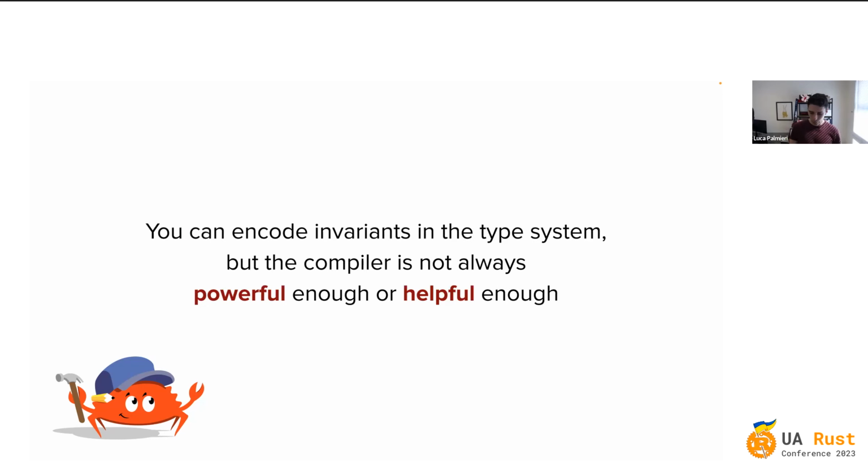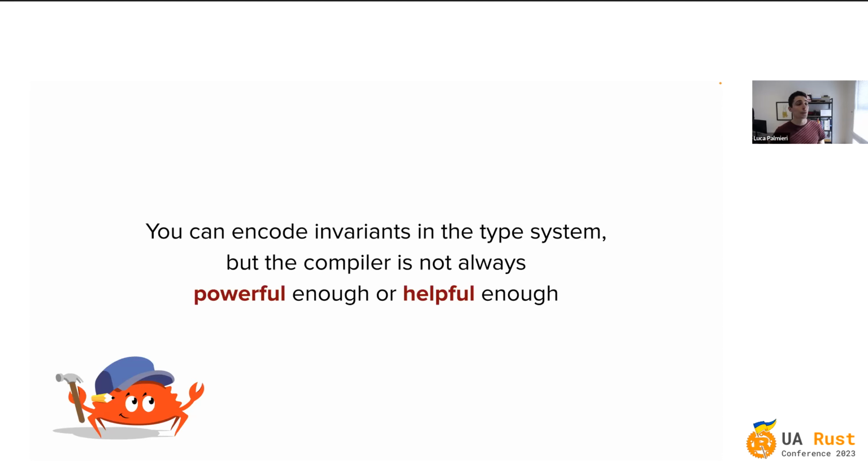And one common technique that you can use in the Rust ecosystem is to encode the constraints that you want to be true inside the type system. This is also known as making illegal states unrepresentable, so forcing code to be correct by construction. Now, this is a good technique, which I generally suggest. We are trying to model your domain and make sure the stuff stays correct, but it's not a silver bullet.